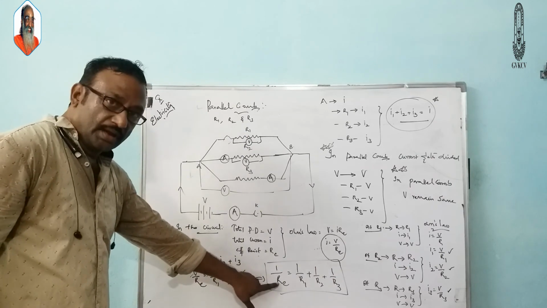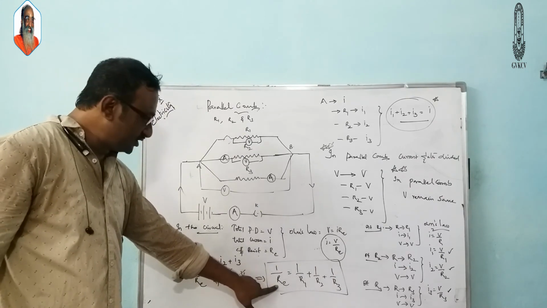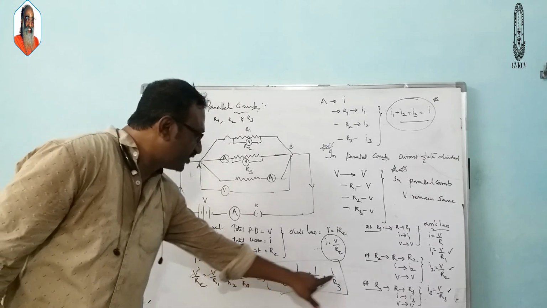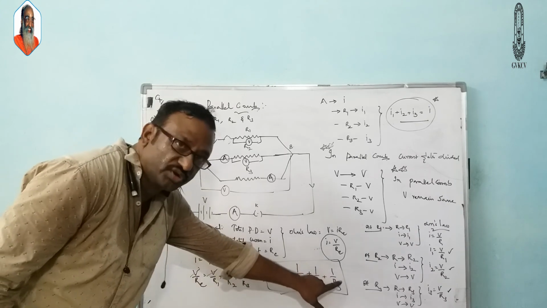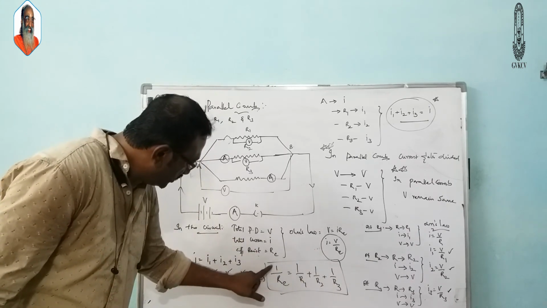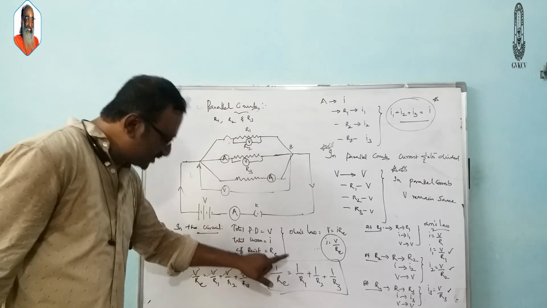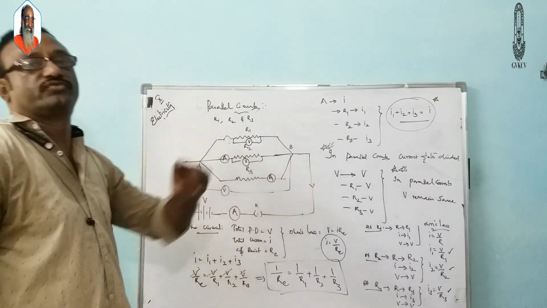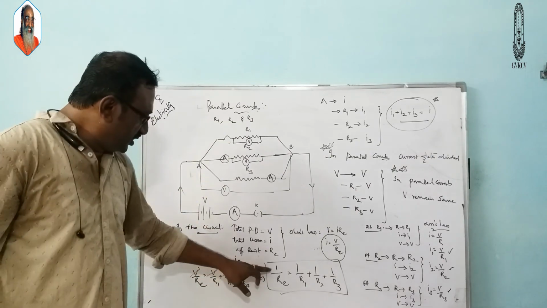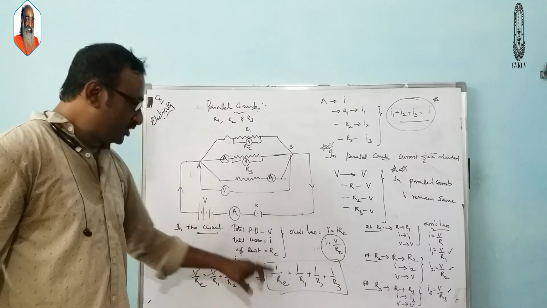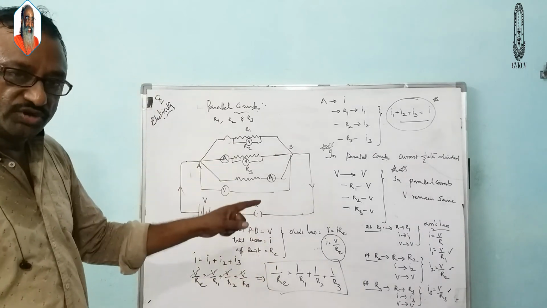It is not the sum of the resistances, but the sum of the reciprocals of the individual resistances. So the reciprocal of effective resistance is the sum of the reciprocals of the individual resistances. Once again, I am repeating: the reciprocal of effective resistance is the sum of the reciprocals of the individual resistances.